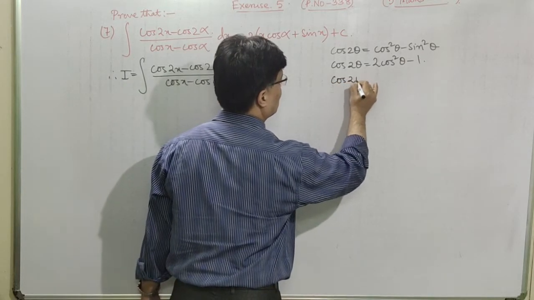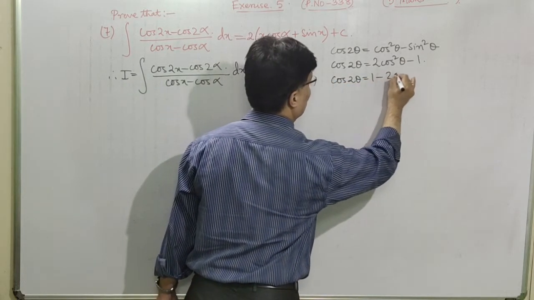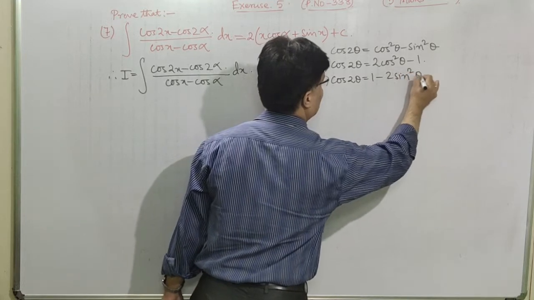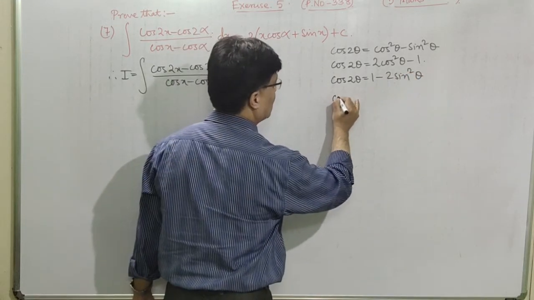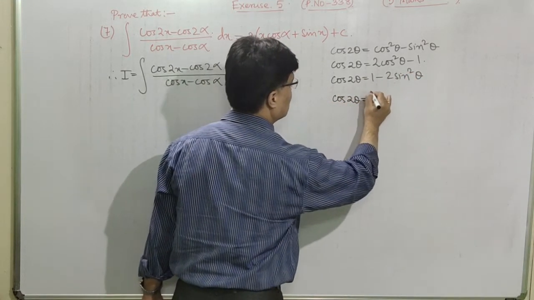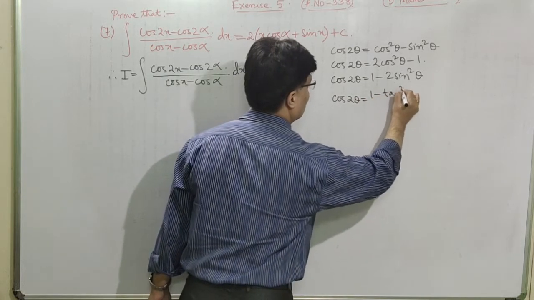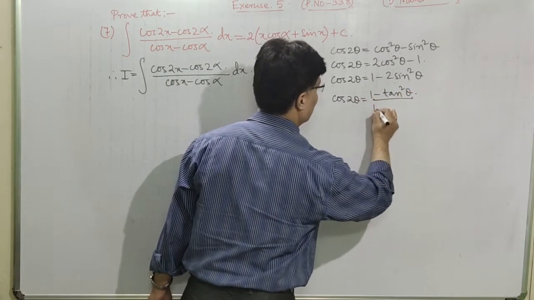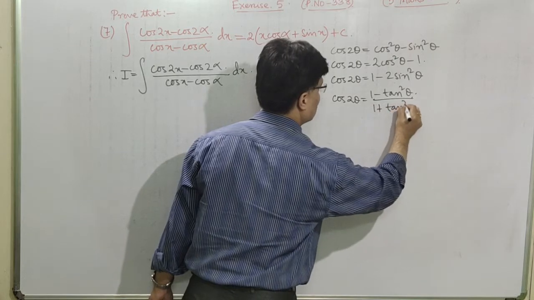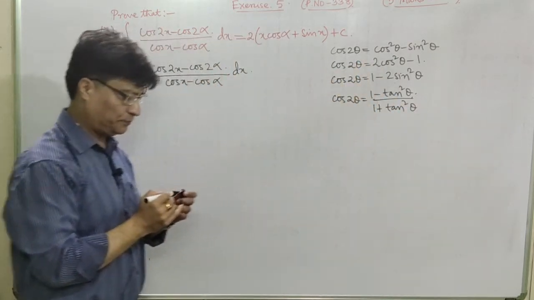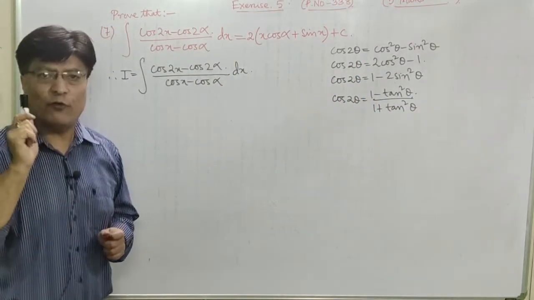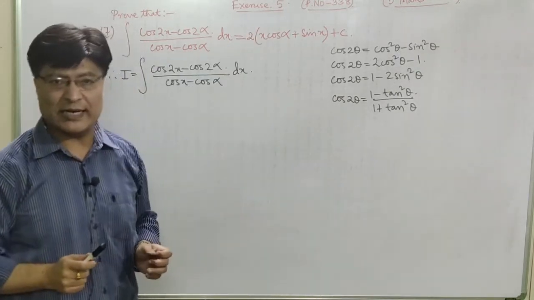Then comes cos 2 theta is equal to 1 minus 2 sin square theta. And the other formula is cos 2 theta is equal to 1 minus tan square theta divided by 1 plus tan square theta.